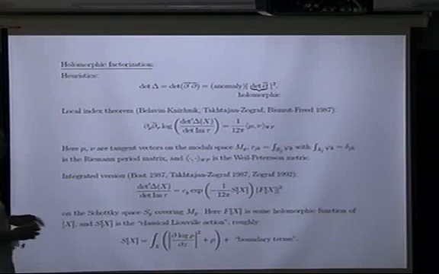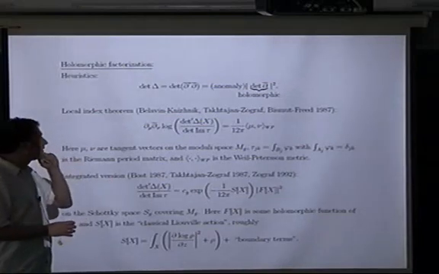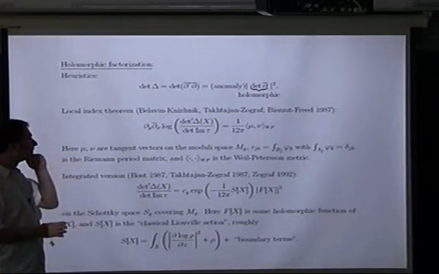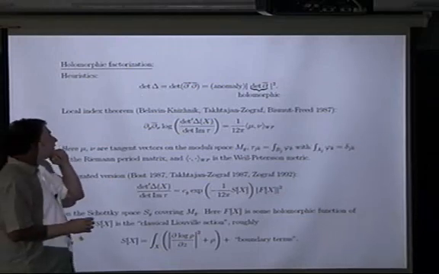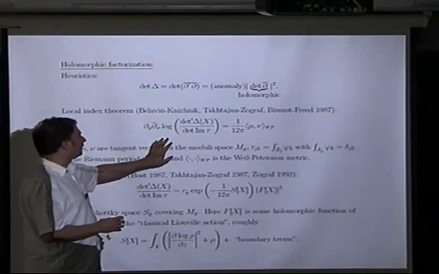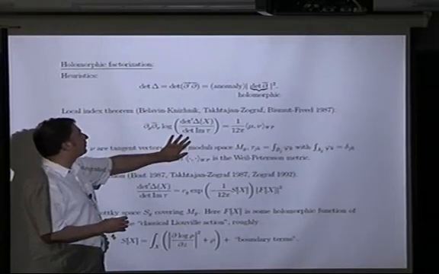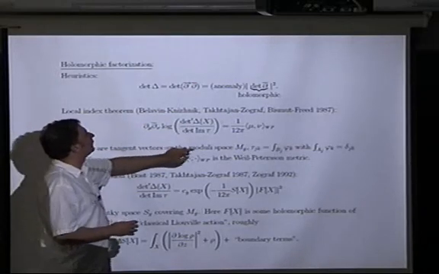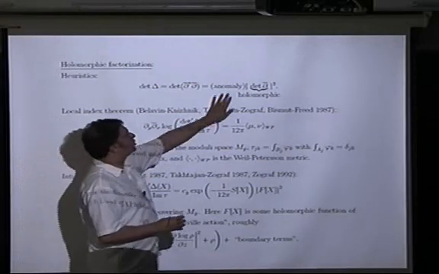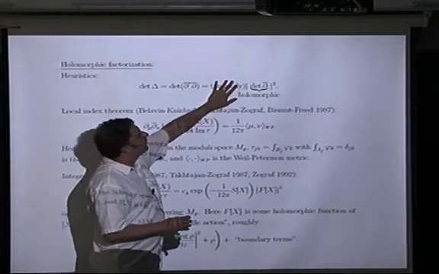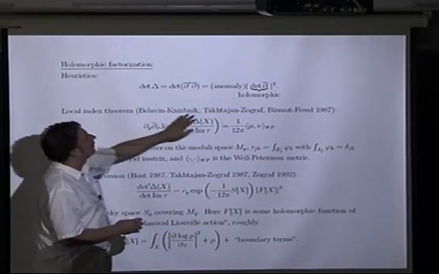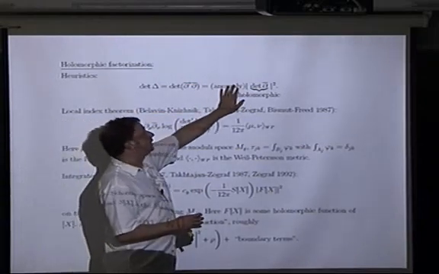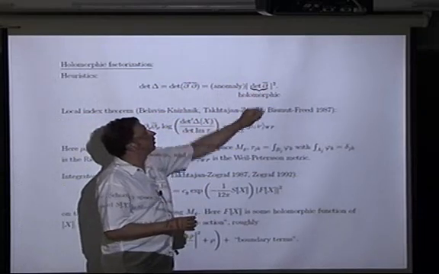What they did prove on the mathematical level is some information about this anomaly. So if this was true without the anomaly, then if you take log and dd bar here, this would be dd bar log of the modulus squared of a holomorphic function.